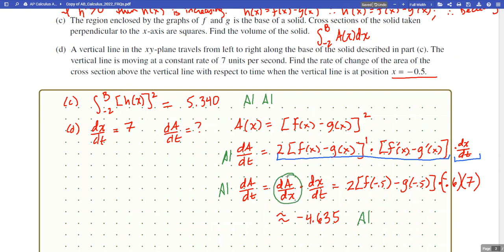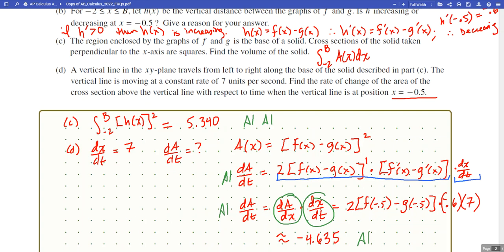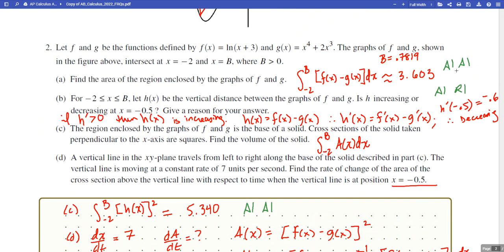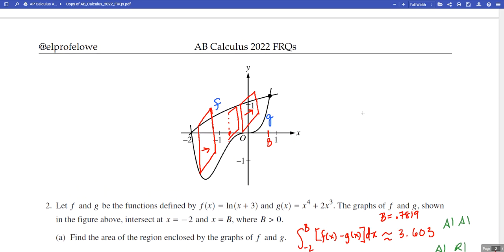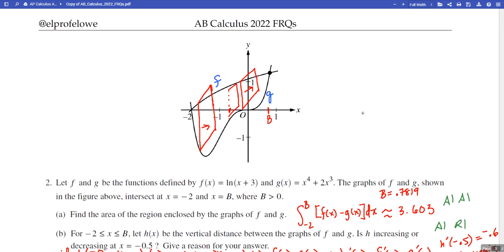In other words, finding dA/dx will be a mark, multiplying that by dx/dt will be the second mark, and then the final answer being the third mark. And so we have a total of 9 marks or 9 points available for this FRQ number 2.